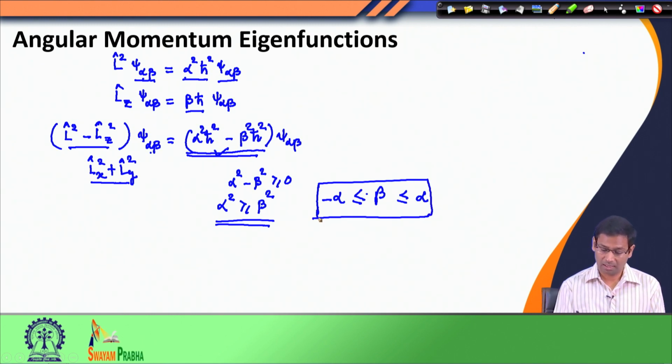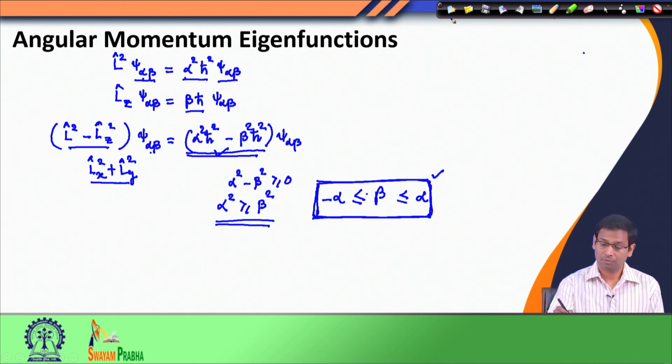You can verify this by taking a small example. For example, 5 square is greater than 4 square. So, 4 will be greater than minus 5, but less than plus 5. This relation between alpha and beta comes from the way we have defined this problem. We will remember this relation and come back to it after a few moments.